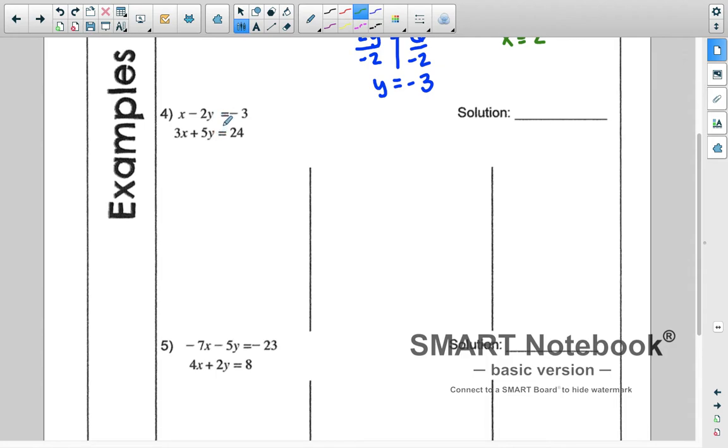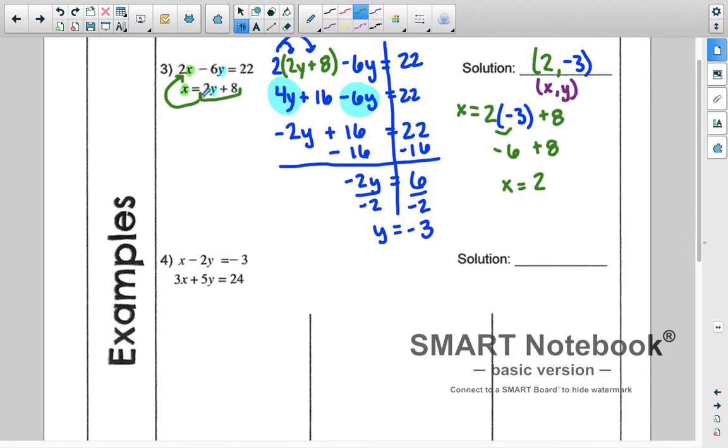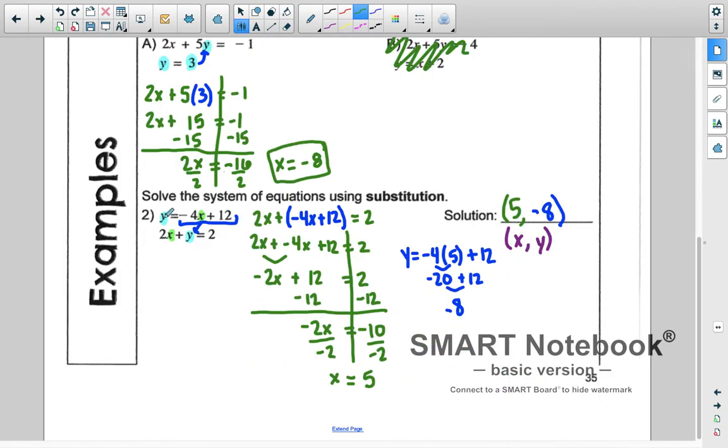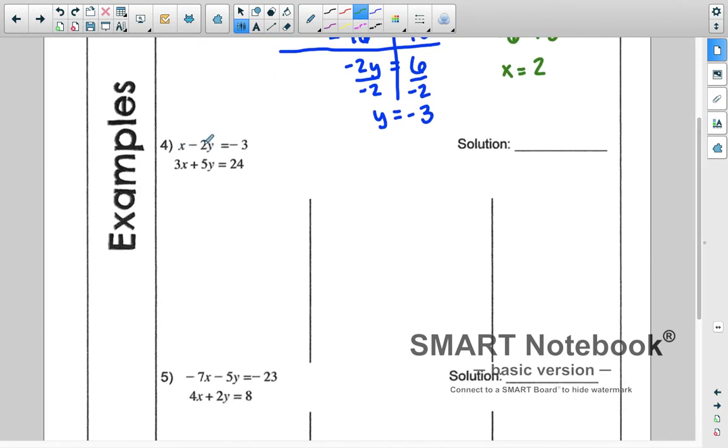Okay, so in this problem, we need to solve one of these equations for one of the variables. So we need to have one of the equations to be like x equals, or in example 2, where it said y equals. We need that to start with. And in this problem, we don't have either of those started with us.